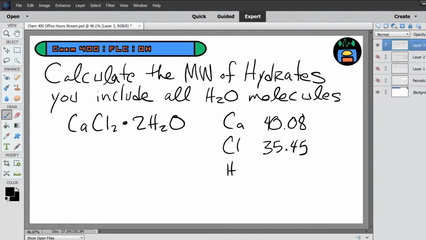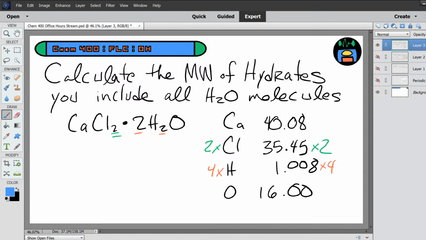You'd need the molecular weight of hydrogen, which is 1.008. And you'd need the molecular weight of oxygen, which is 16.0. Now, chlorine, we've got two of them, so we need to multiply the 35.45 by 2. With hydrogen, we have 2 times 2, or 4 of them. And with oxygen, we just have 1 times 2.